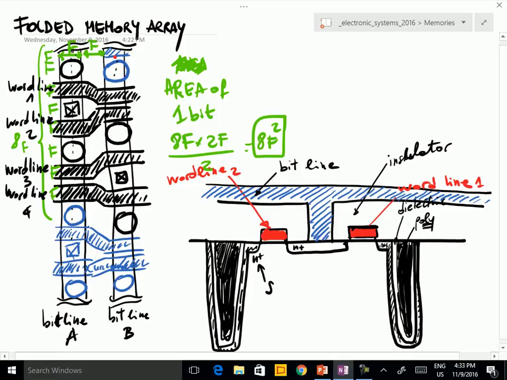So in practice the array is quite simple. It's convenient to have the word lines passing below the metal lines and therefore they are polysilicon stripes, and we have metal lines for the bit lines.